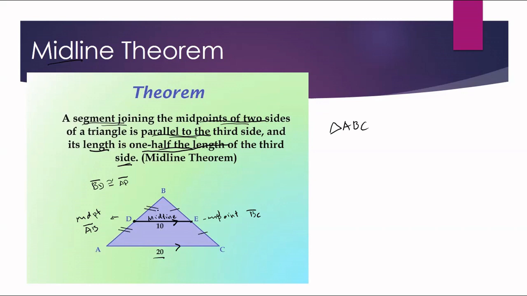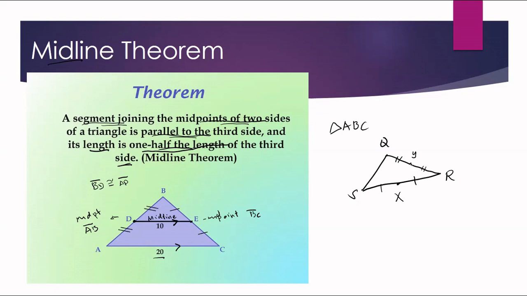Let's have another example. If I have this triangle, for example, triangle QRS. I have a marking here, which is point X, and XS is congruent to XR. Let's have another point here, which is point Y, and based on the markings here, YQ is congruent to YR, which tells us that point X and point Y are midpoints.